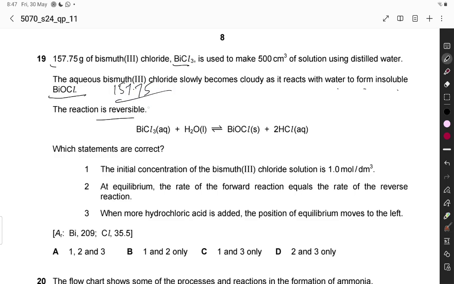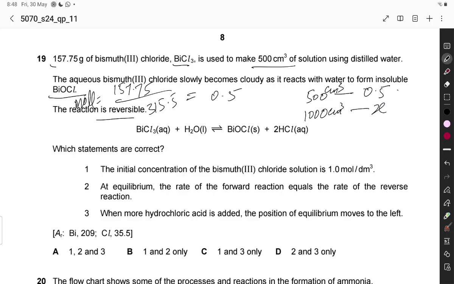157.75 divided by 315.5 is mole, which is equal to 0.5. So the 500 centimeter cubes using distilled water is containing 0.5 mole. So what would be the mole when 1000 centimeter cube?